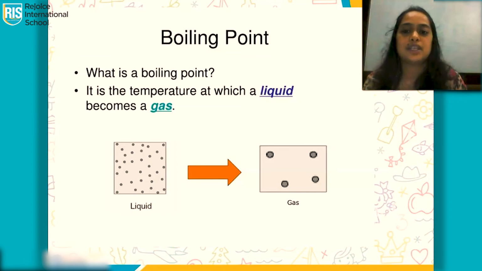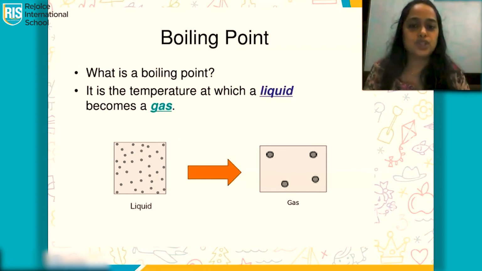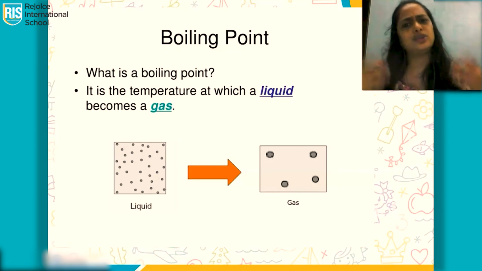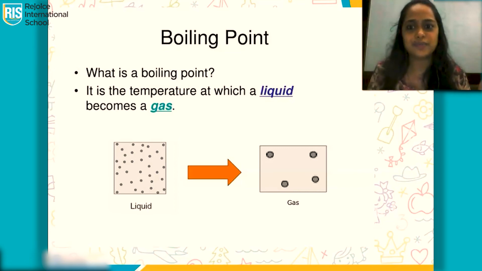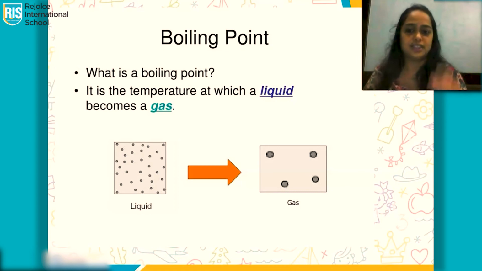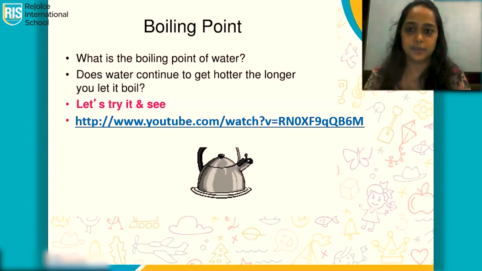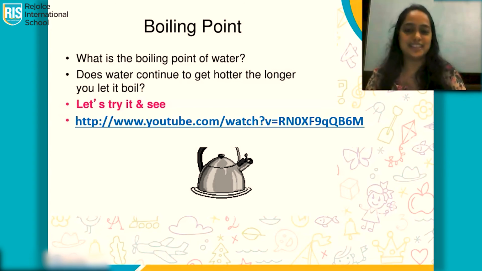Boiling point. If you take a container filled with water, put it on the gas and start giving it some heat, do you think it will start boiling immediately? No. Then what is the boiling point of water? The temperature at which liquid becomes gas is called the boiling point. What is the boiling point of water? Let's try and see.